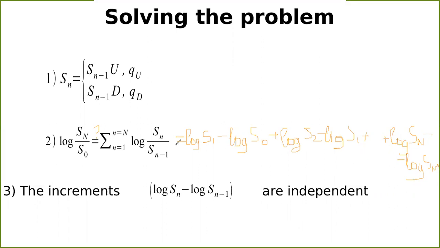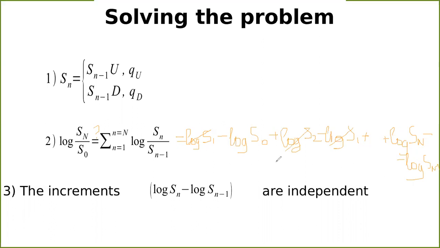You see that we have log S1 with plus, log S1 with minus, log S2 with plus, and log S2 with minus.